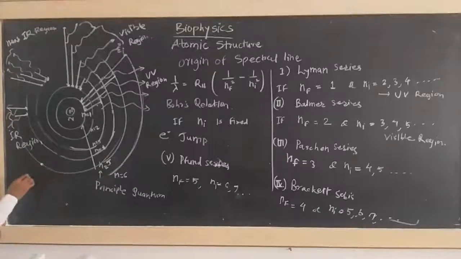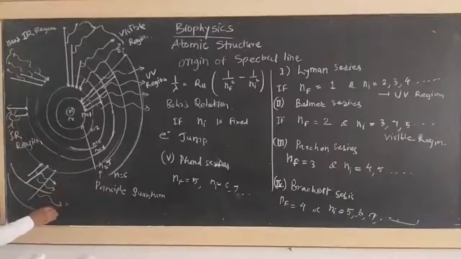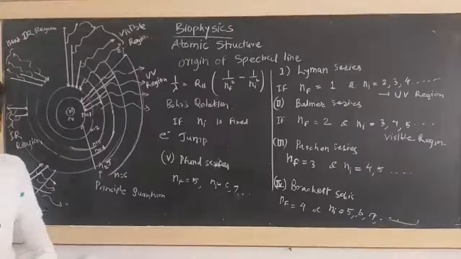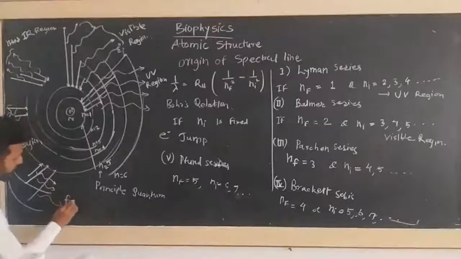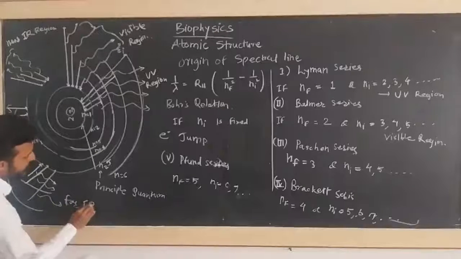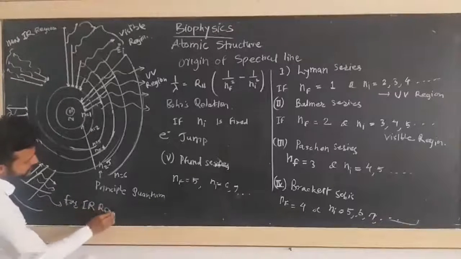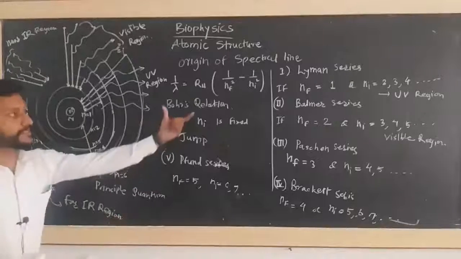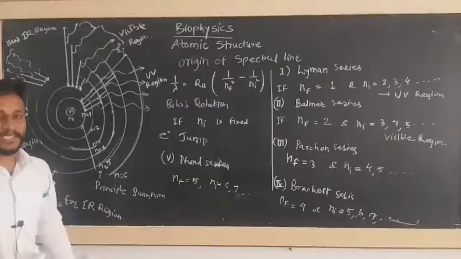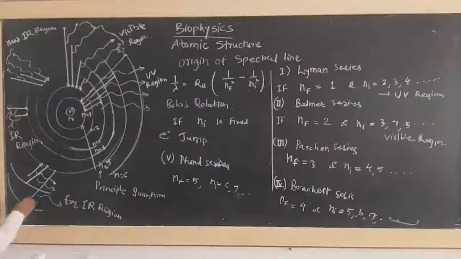Electrons jump from the highest orbit, and during this process the radiations emitted have frequency in the far infrared region, far IR region, as we have seen in the electromagnetic spectrum, right? And this series is known as Pfund series.